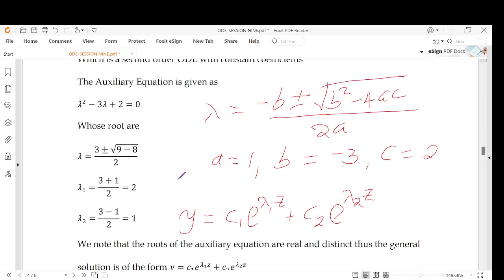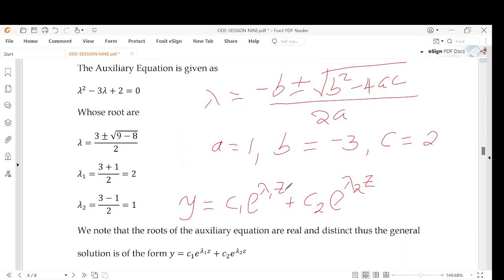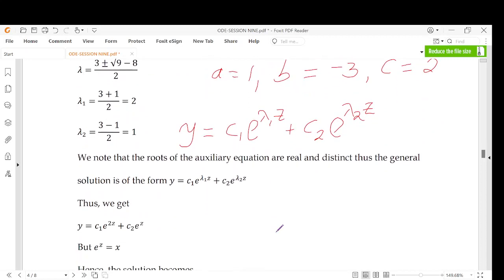So this is the general solution, where lambda 1 is 2 and lambda 2 is 1.